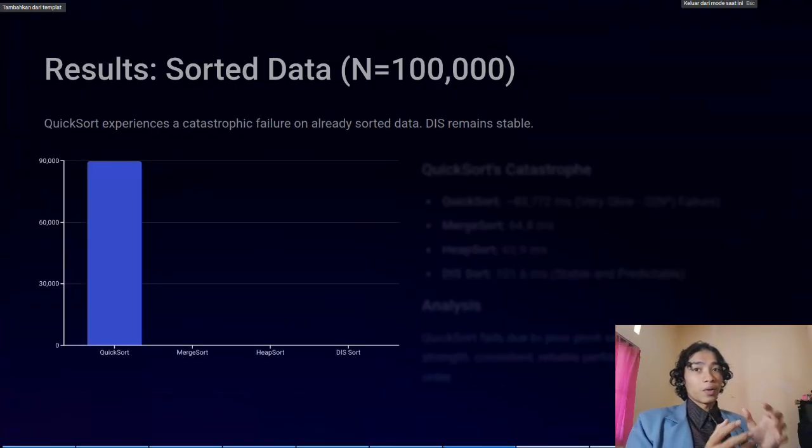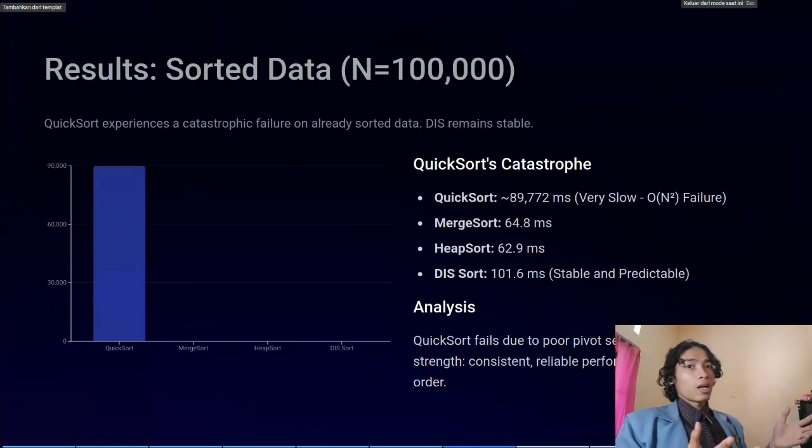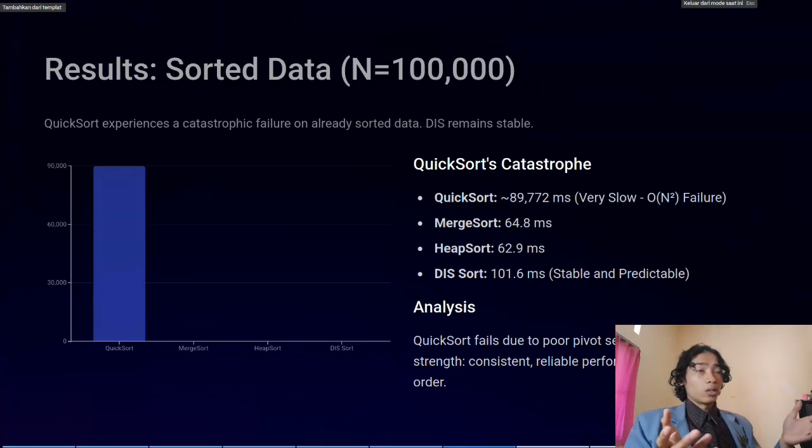This is a perfect demonstration of its O(n²) worst case complexity. And this is where DIS shows its true strength. Its time remains incredibly stable at 101 milliseconds. It is completely unaffected by the initial order of the data. This is what I call reliability.